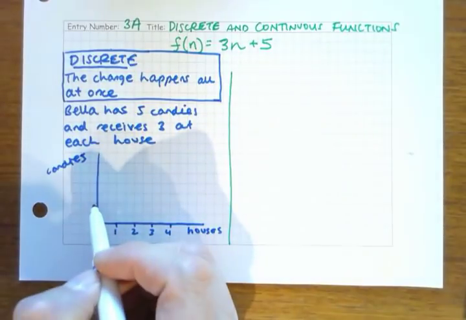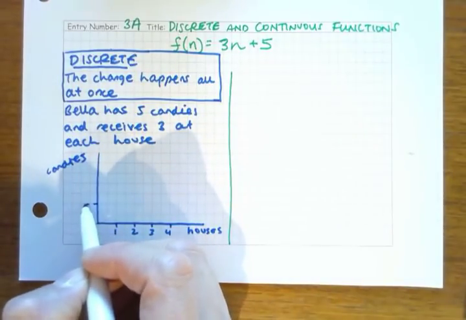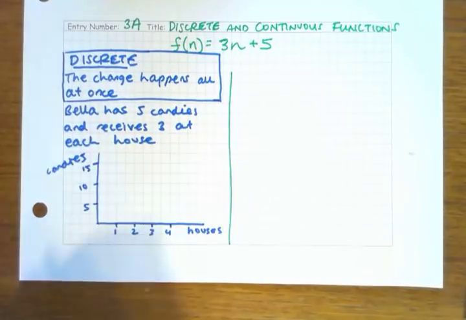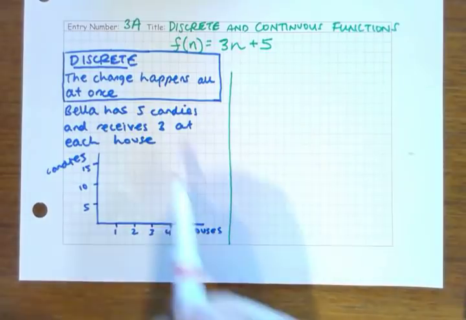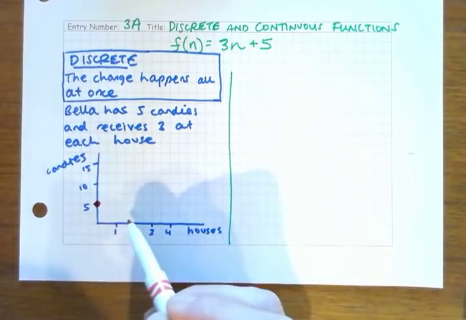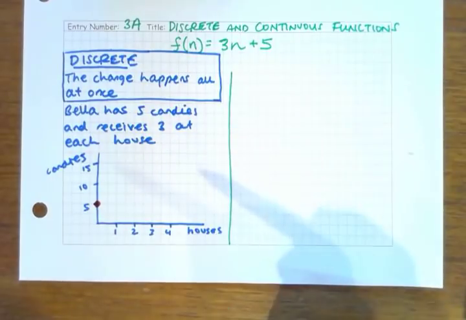And let's go 5, 10, 15. So we know at the very beginning she has 5 candies. And then after the first house, she gets 3 more.